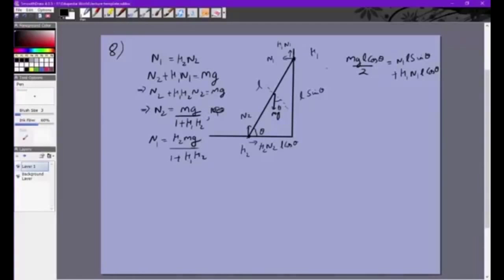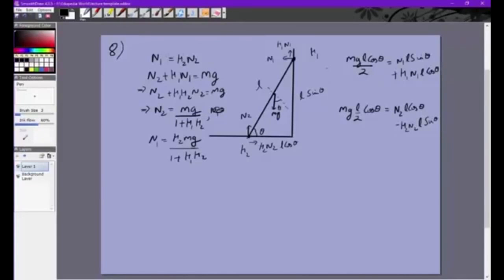Similarly, the equation about this point: for Mg it will be Mg L by 2 cos theta is equal to, now Mg has a torque in the anti-clockwise direction with regards to this point, and N2 has one in the clockwise direction, but mu2 N2 is in the anti-clockwise direction, so that will have a negative sign. So this is equal to N2 L cos theta minus mu2 N2 L sin theta.